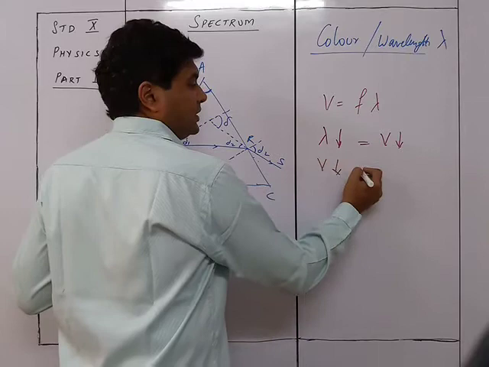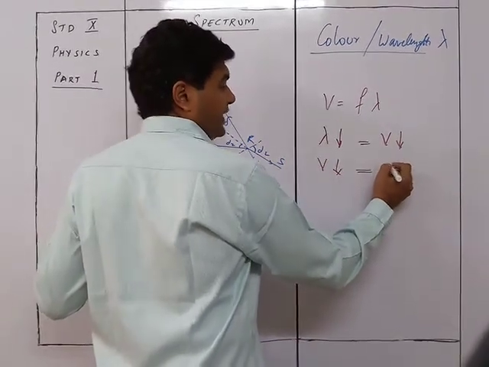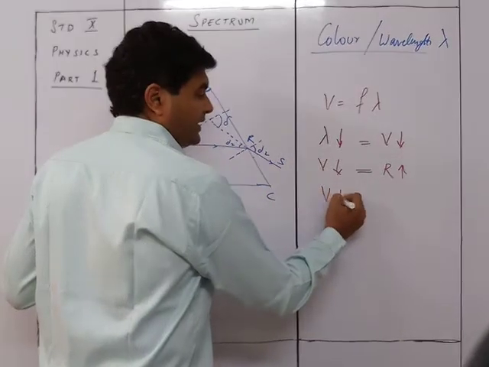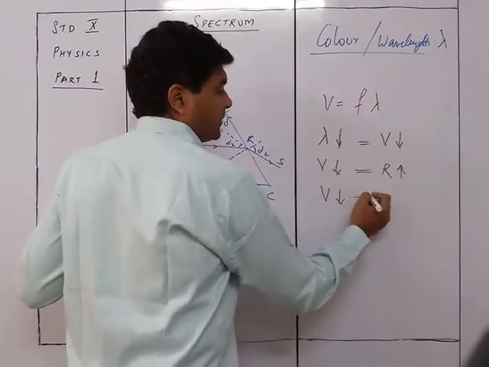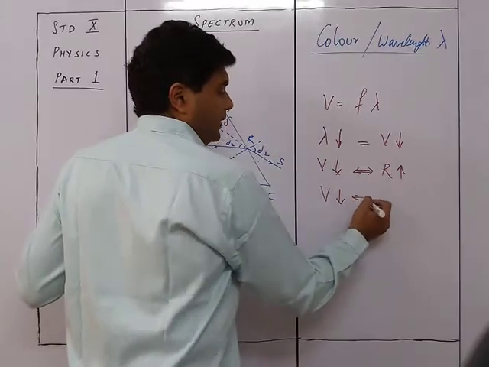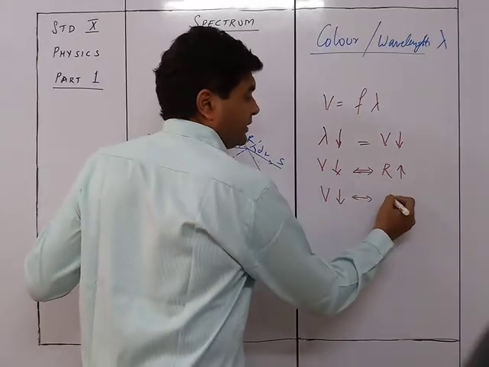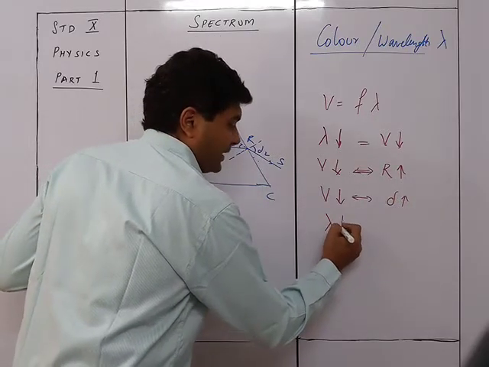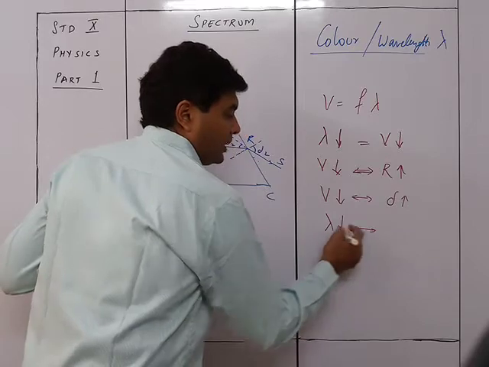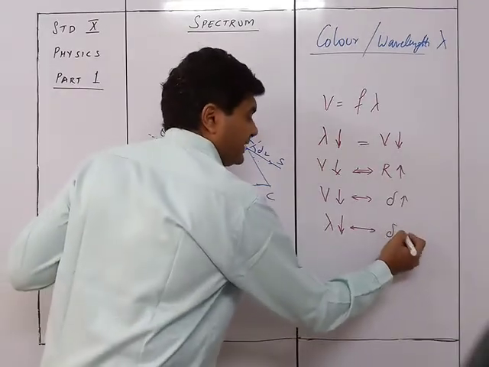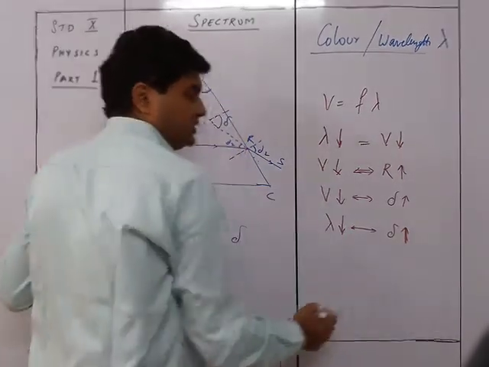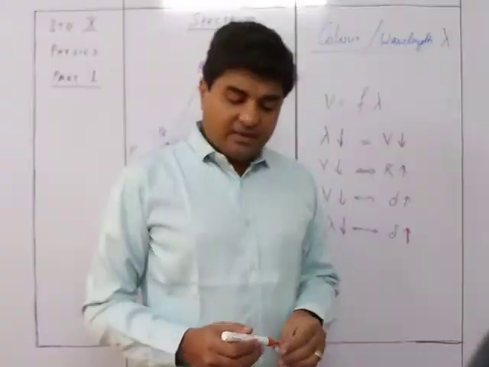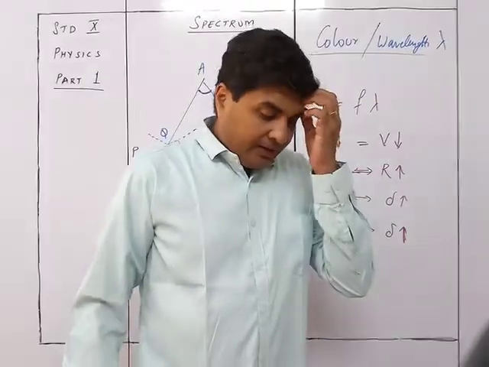Velocity decreases, accordingly the refractive index is going to increase. So if the velocity decreases, there will be a subsequent increase in the deviation. So accordingly, with the decrease in lambda, that is the decrease in the wavelength, there is an increase in the deviation. Understood? Decrease in wavelength causes increase in the deviation.